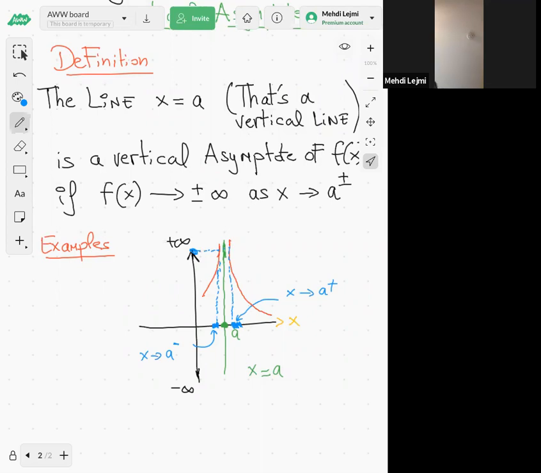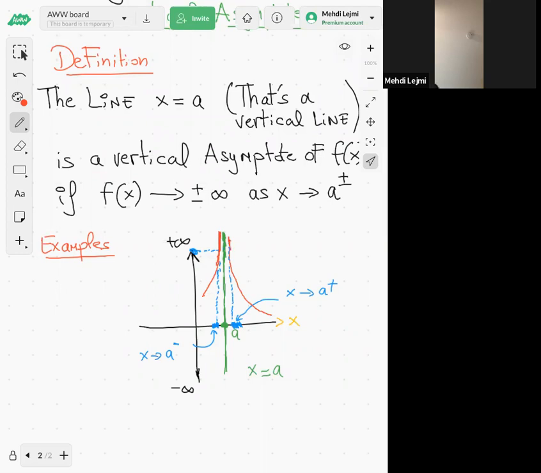And again, guys, as I said, your graph is getting as close as you want to the line x equal to a. This is my line, the green line, my x equal to a. So the graph is getting very, very close, as close as you want, to the green line, but it never touches the green line.